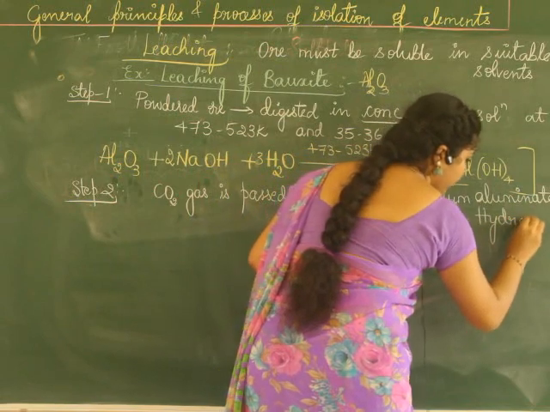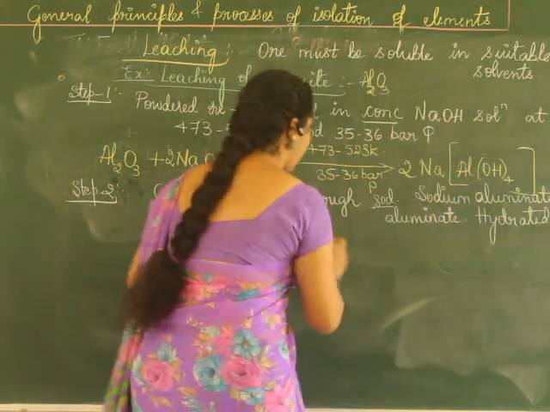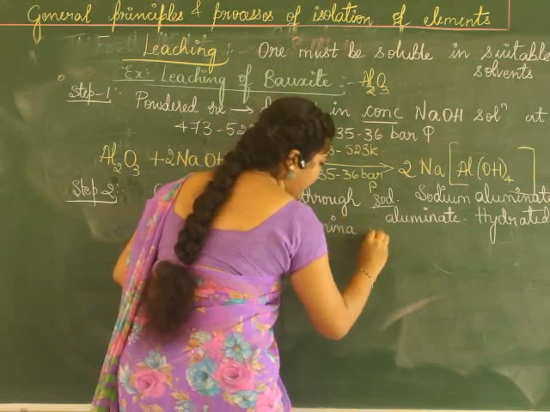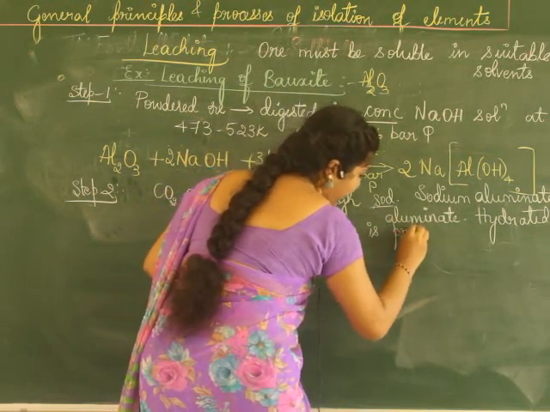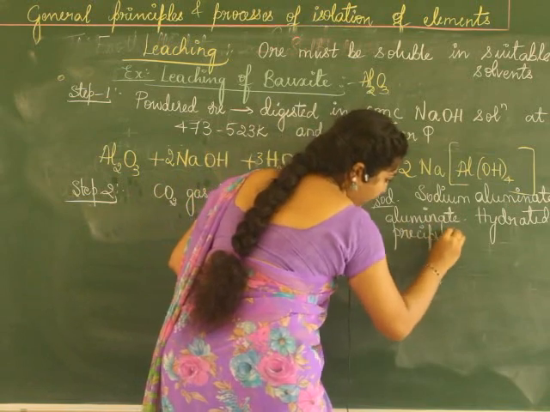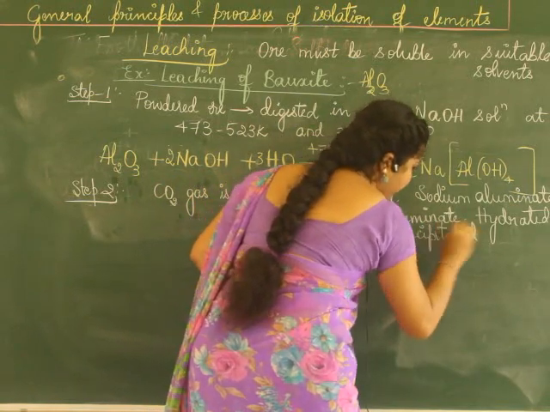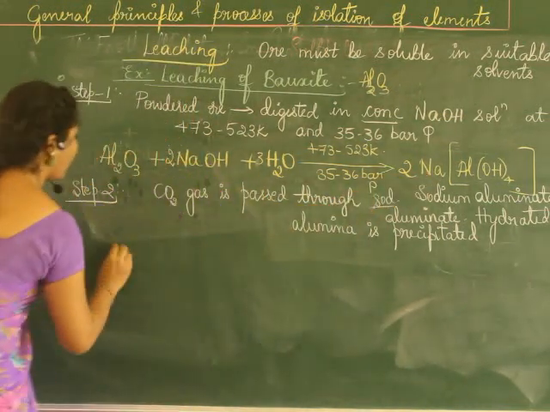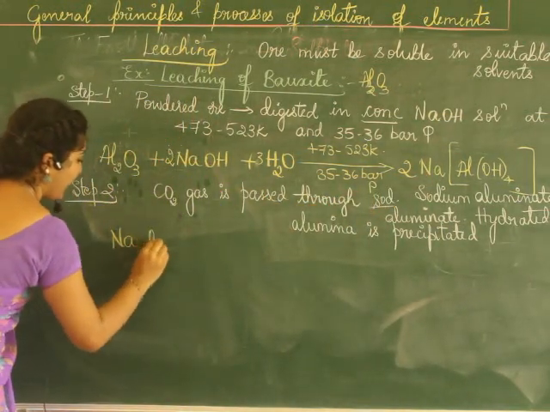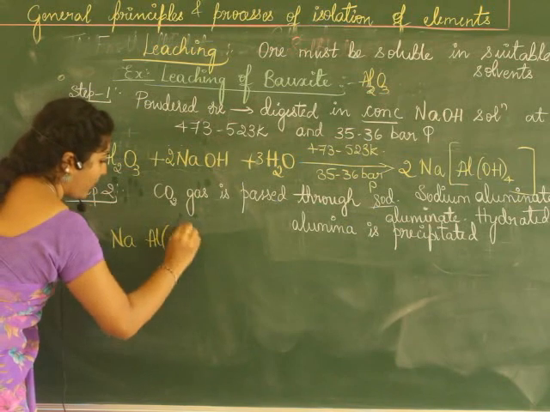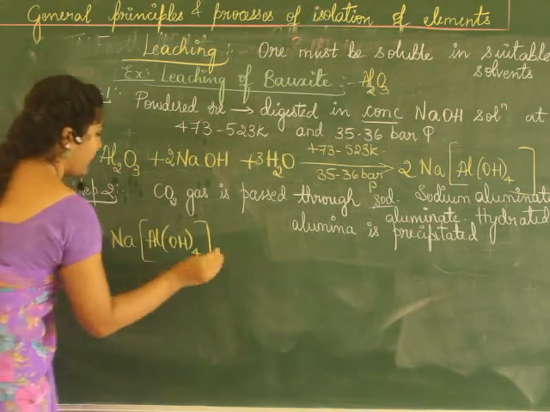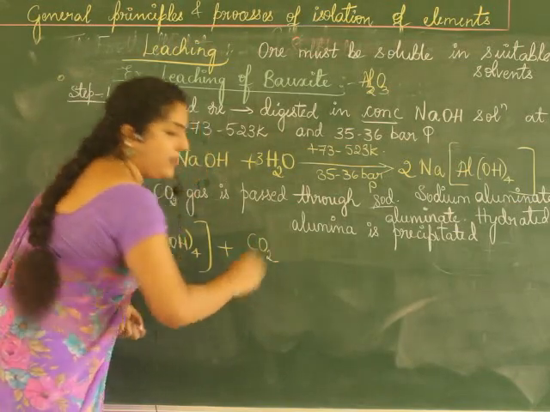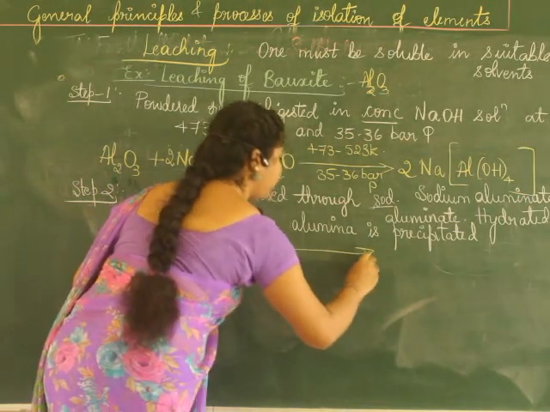Hydrated alumina is precipitated. Easy. Just see, so what is happening? Sodium aluminate, NaAl(OH)4. What has been passed? Carbon dioxide. What do you get here?